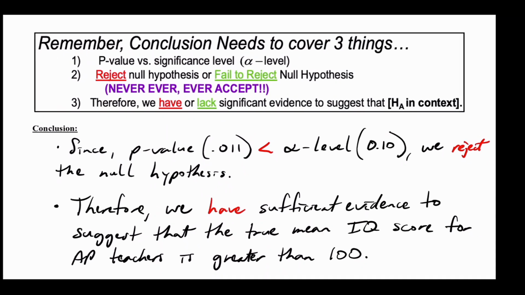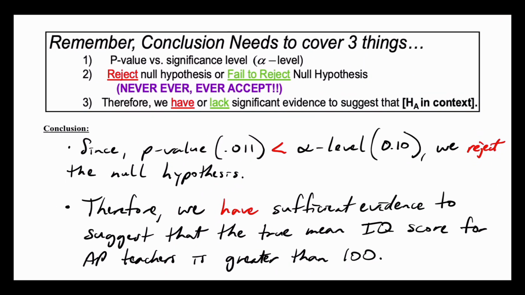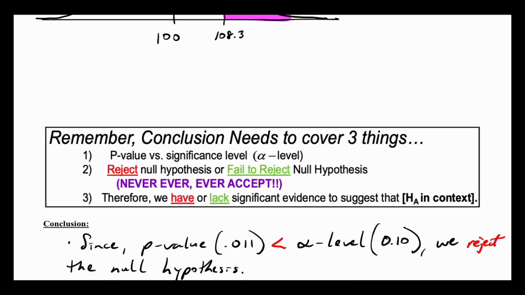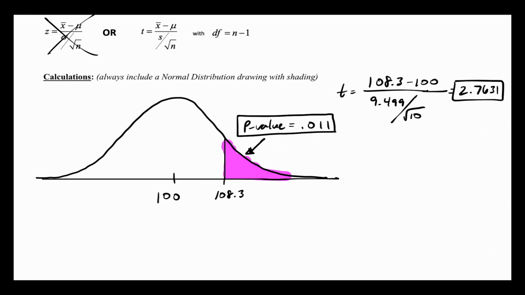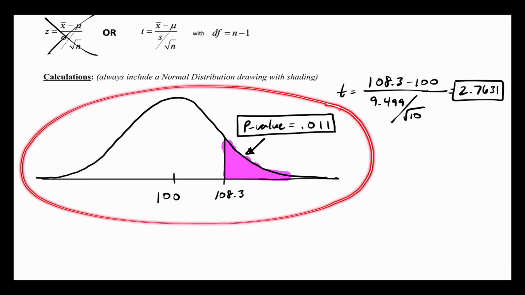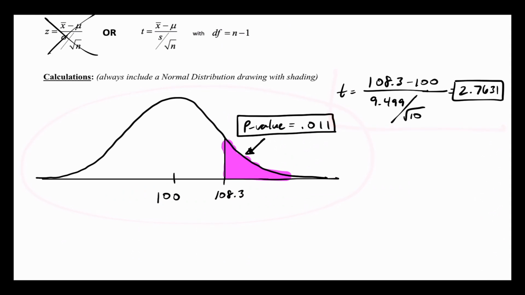For the calculations, if we use the calculator and we didn't write anything on paper, do we state that we use the calculator to find the p-value? So if you want credit for calculations, you need 3 things.